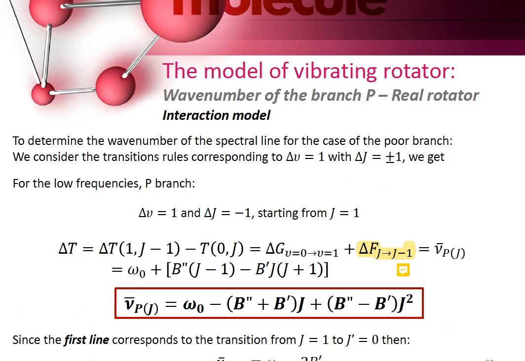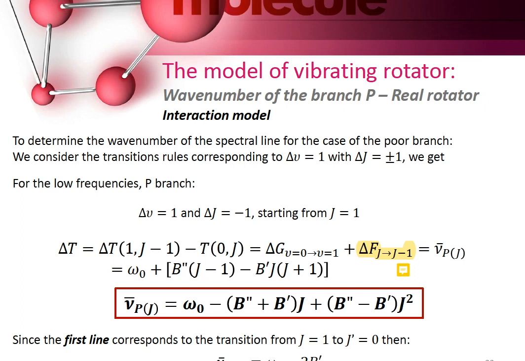Now again, what interests us is the spectral lines on the spectrum that we get, and the spectrum that we get is basically for vibration and rotation. So we are going to look into the transition corresponding to delta J equals -1, obviously always delta V equals 1, so we are moving from one level of vibration energy to another.